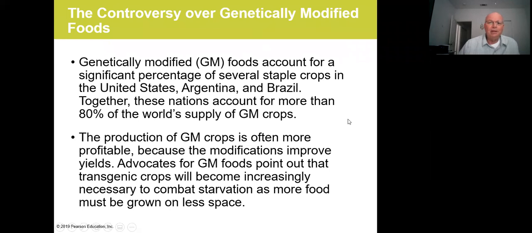In the case of genetically modified foods, in the United States, as I mentioned earlier, there is no requirement to label foods as containing genetically modified organisms. But we know that in the case of those foods that I mentioned earlier, the vast majority of those crops here in the United States and in a number of other countries are genetically modified, and it is predominantly genetically modified versions of those crops that are grown.